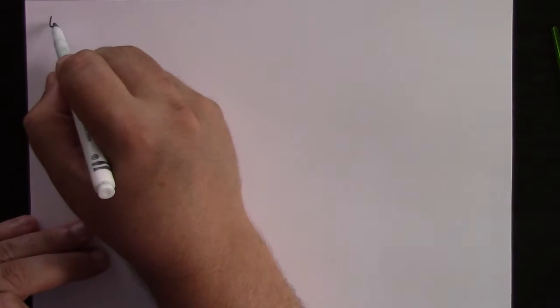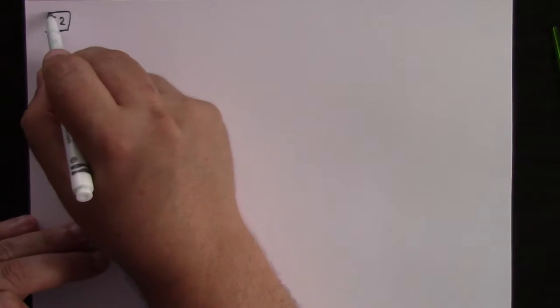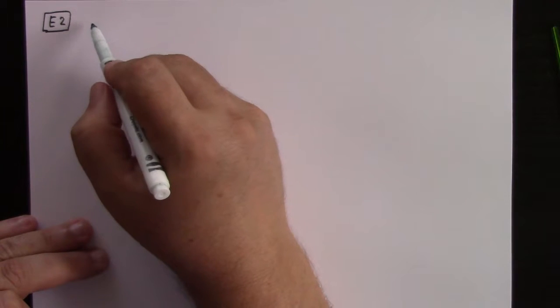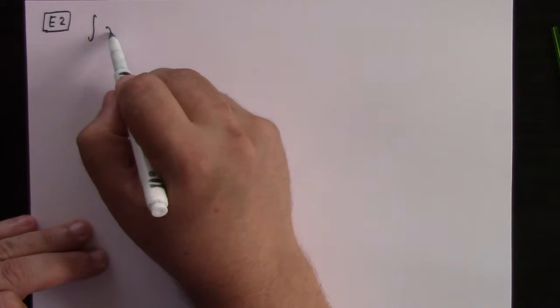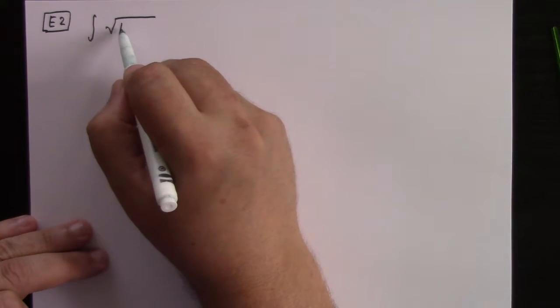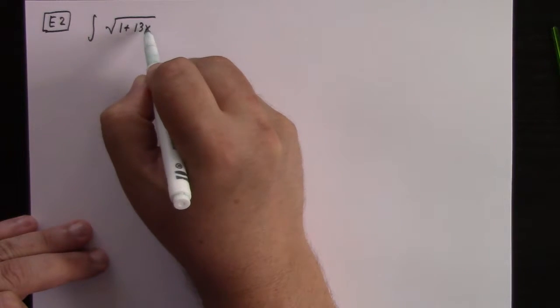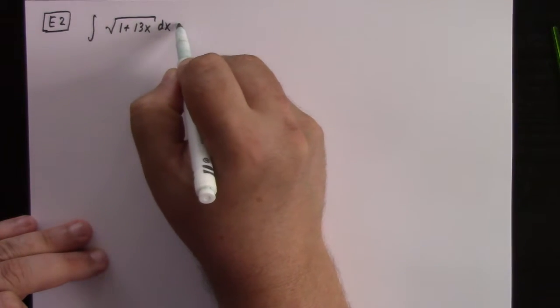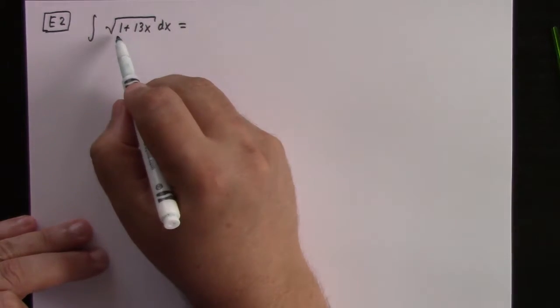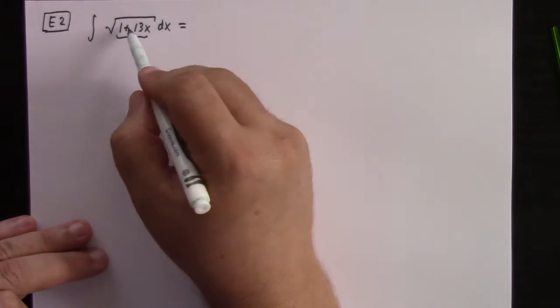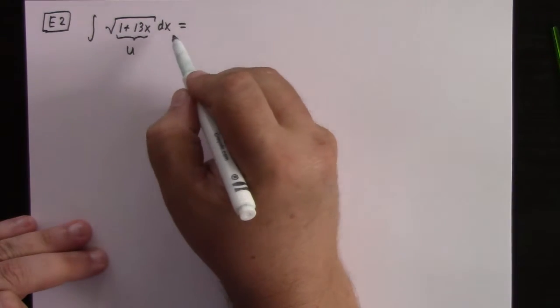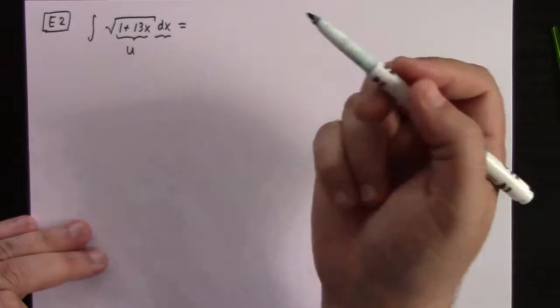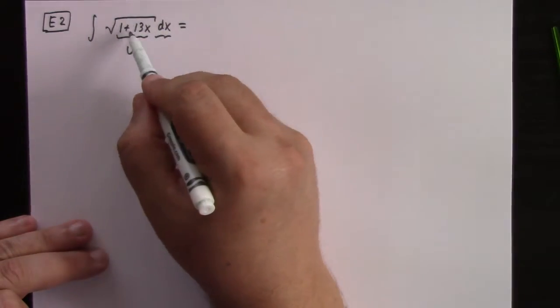Suppose we were going to integrate the square root of 1 plus 13x dx. What we do here is we go, aha, I'm going to make the thing inside the square root u. And the dx, well, I can't make the dx anything. Once I make that u, I'm stuck with it.